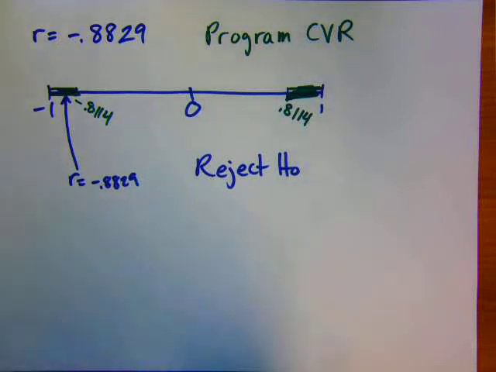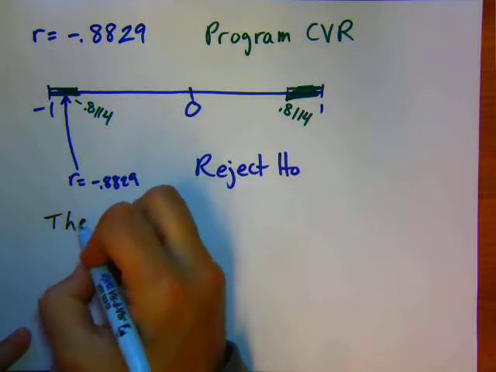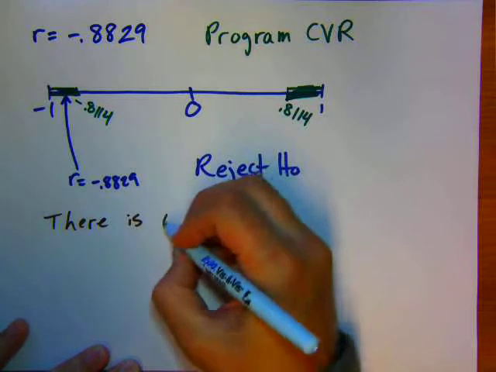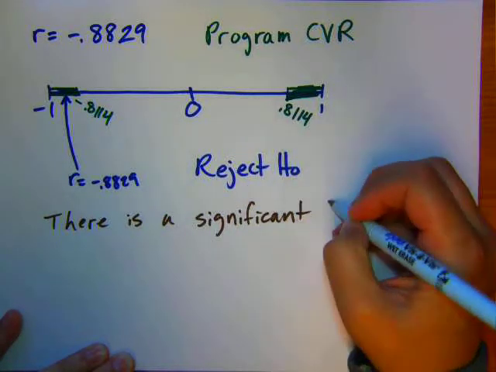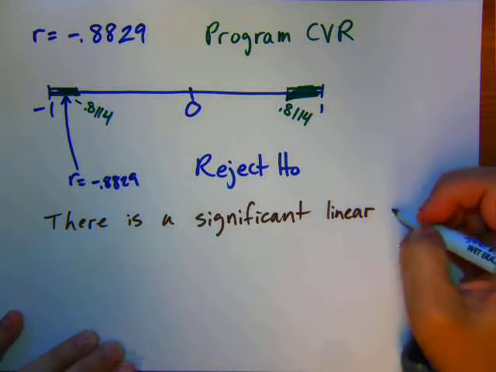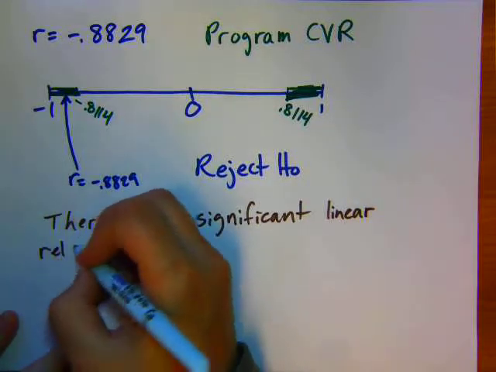We reject the null hypothesis, so we say there is a significant linear correlation or relationship.